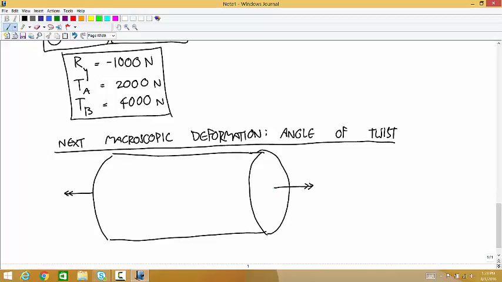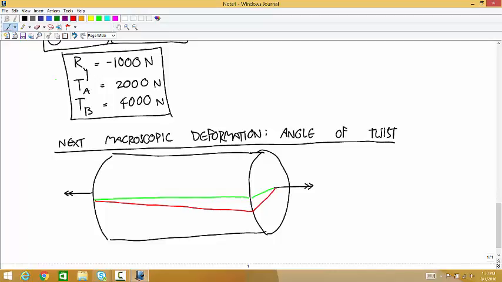Before the deformation, you could imagine painting, drawing that line on there. After the deformation, you're going to get a new line. That line's going to move like this.